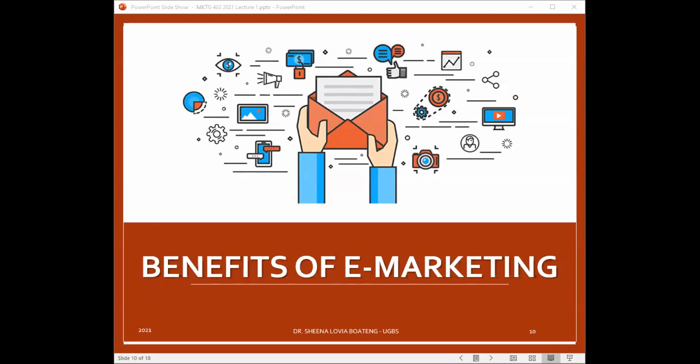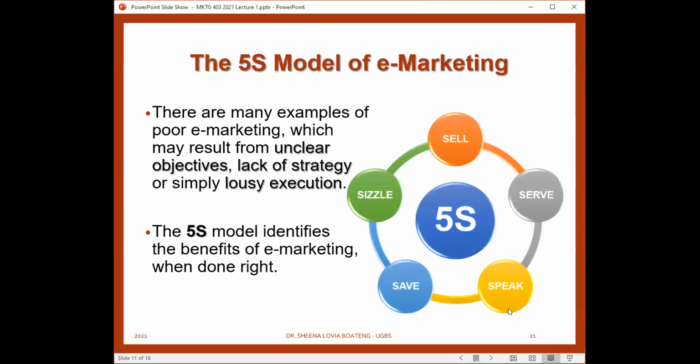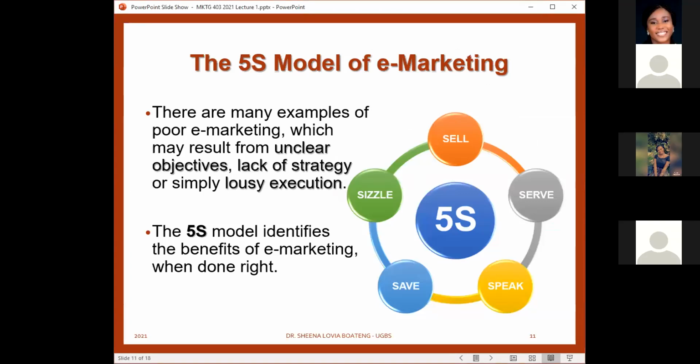All right. So now that we know the characteristics of the internet and how it facilitates e-marketing, let's talk about the benefits of e-marketing. Now, in discussing the benefits of e-marketing, we need to understand that e-marketing as a process can either go very well or go very wrong.